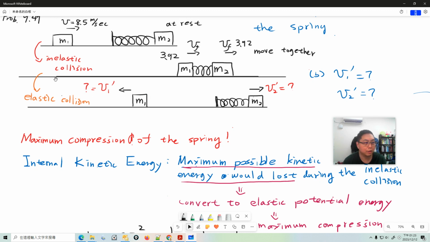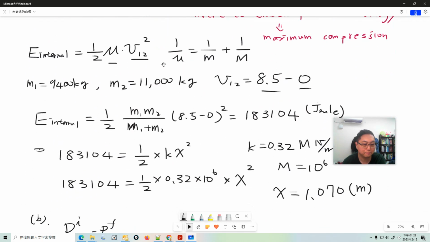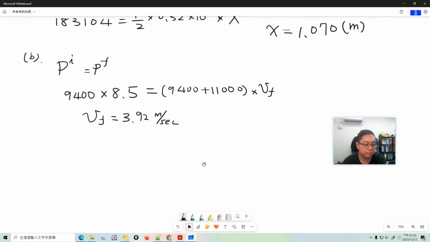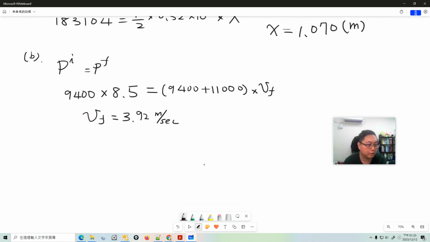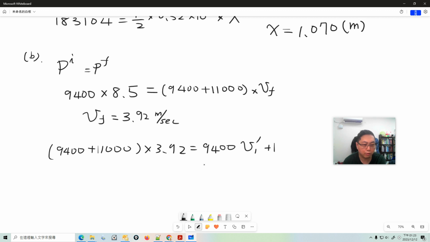So it's very easy, right? Because it's an elastic collision, we can use the two equations to solve this problem. Remember that? First of all, the momentum: (9400 plus 11000) times VF, 3.92, equals 9400 V1 prime plus 11000 times V2 prime.